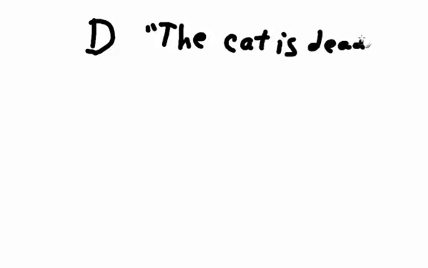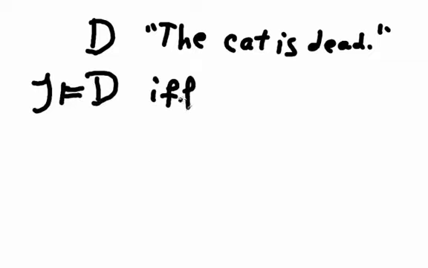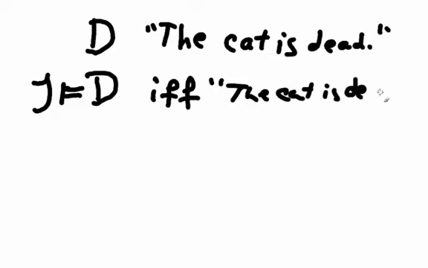Now if you gave some kind of interpretation, let's say I, I would be interpreting the cat to be a particular cat, and would interpret dead, presumably to mean true if the thing is dead. And so D would be true in that interpretation I if and only if the cat is actually dead.